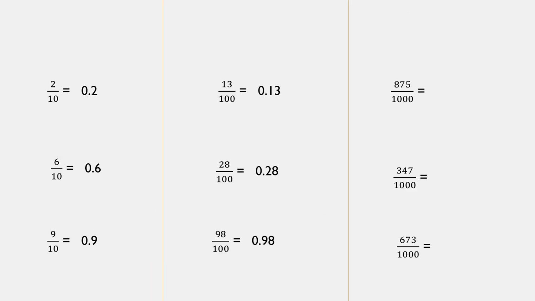Now let's analyze what we have seen till now. In the first activity, we saw that 2 by 10 can be represented as 0.2 and 6 by 10 can be represented as 0.6. Similarly, 9 by 10 can be represented as, yes, 0.9. Very good. Can you see any similarity in the fractions?